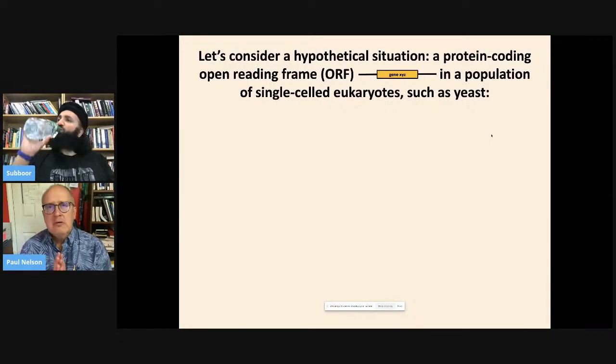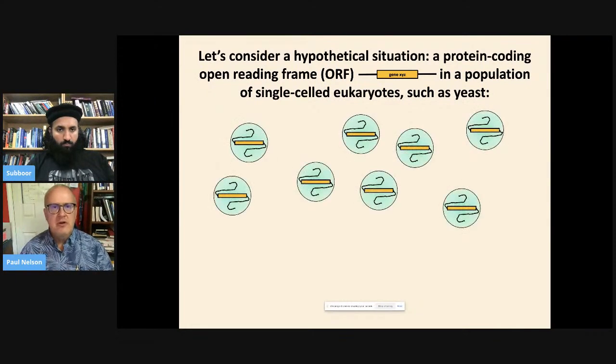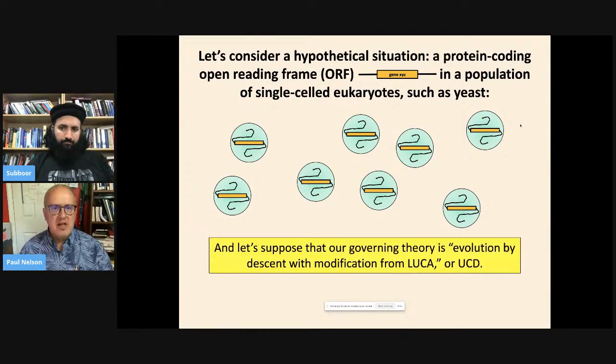Okay, so let's consider a hypothetical situation. Let's say we have a population of single-celled eukaryotes like yeast, and we're going to look at a protein coding open reading frame, a gene that codes for gene XYZ, a hypothetical gene. So here's our population, and the cells all have gene XYZ. That's this little cartoon. The gene is represented here out of proportion to the rest of the chromosome, just so you can visualize it.